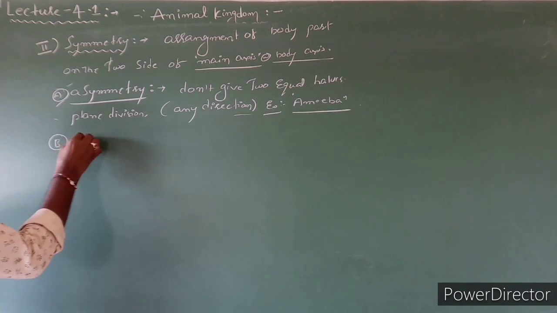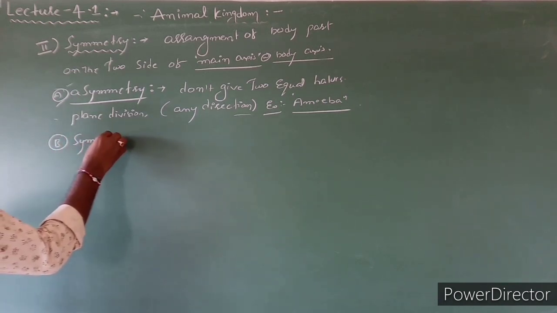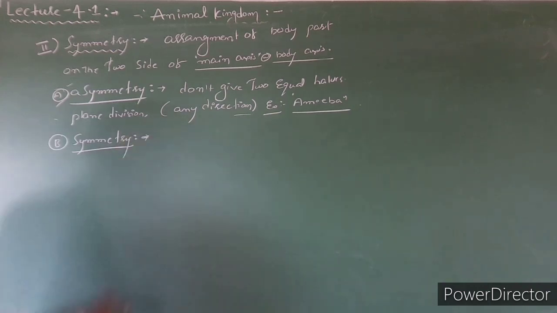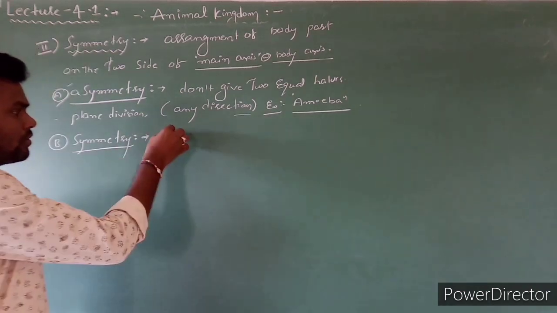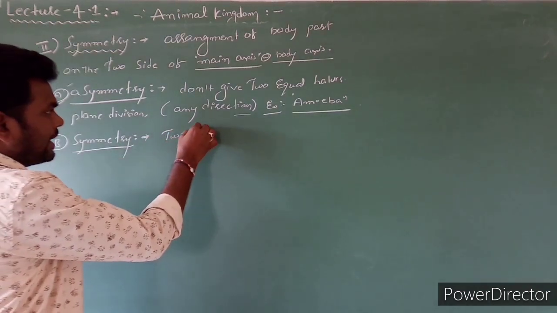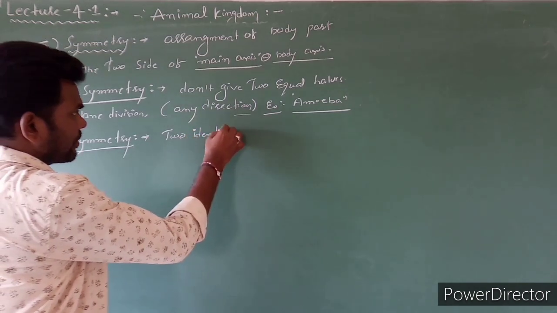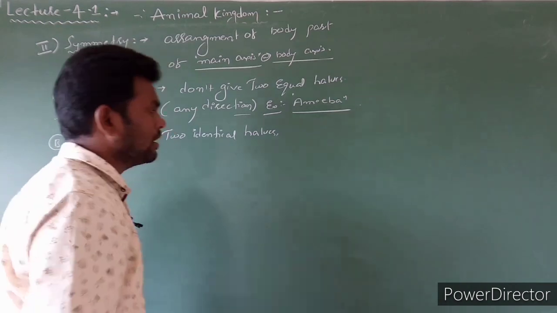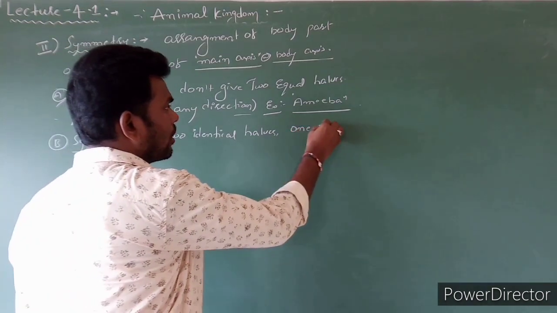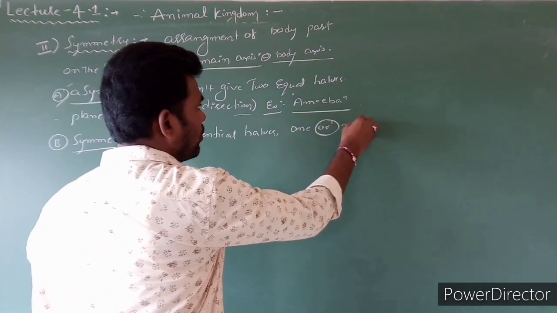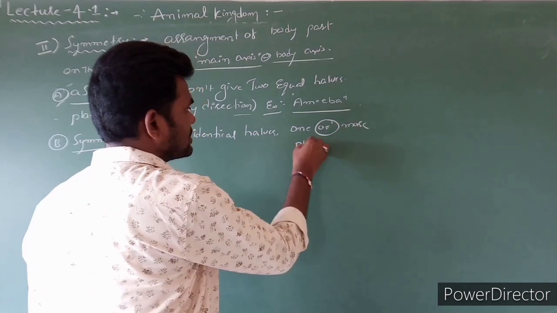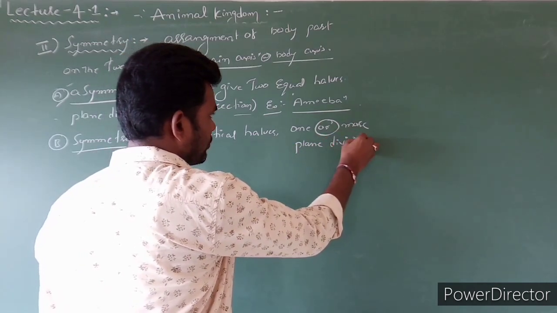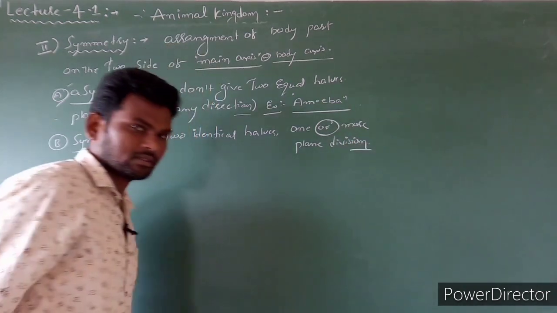Next one is symmetry. It gives two identical halves by one or more plane divisions.